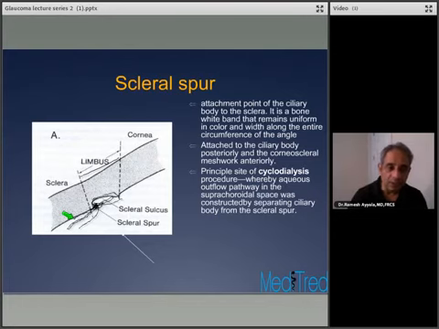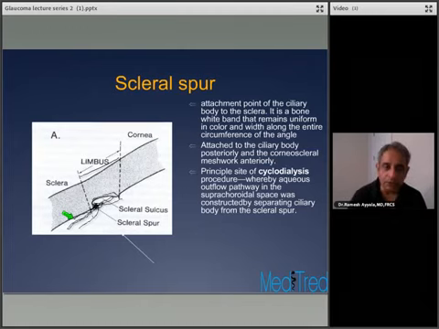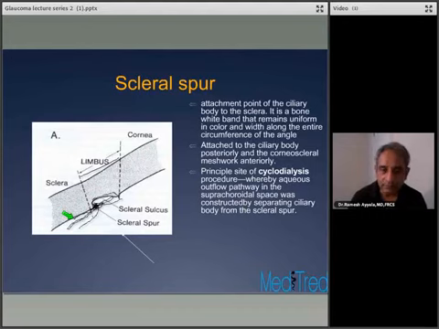This is also the same path that some of these newer surgical procedures, actually not new, but newly modified, such as the supraciliary shunt procedures that people are talking about nowadays, access this very space. So it's important for you to understand where this is.